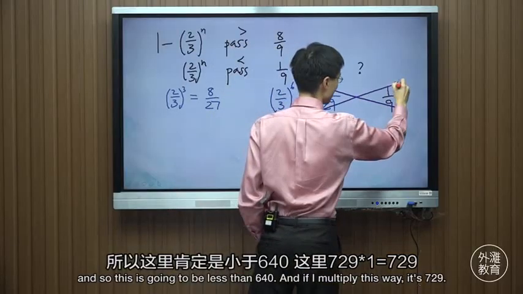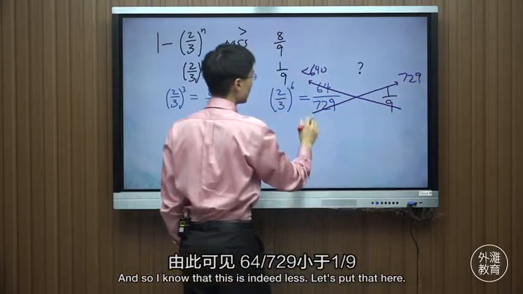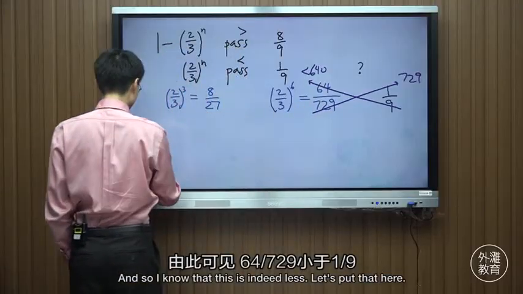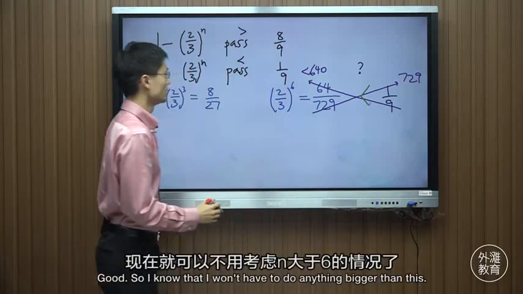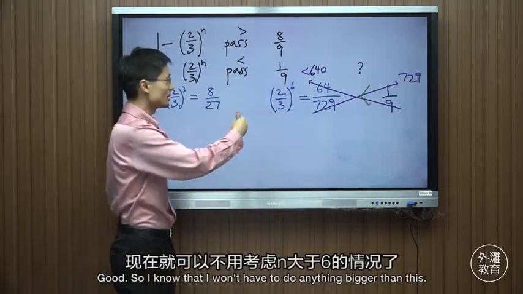And if I multiply this way, it's 729. And so I know that this is indeed less. Good.